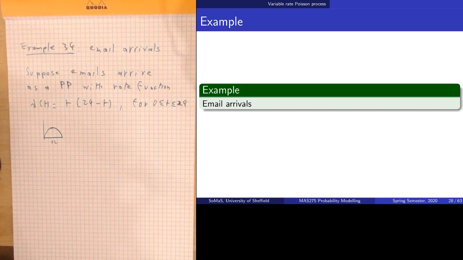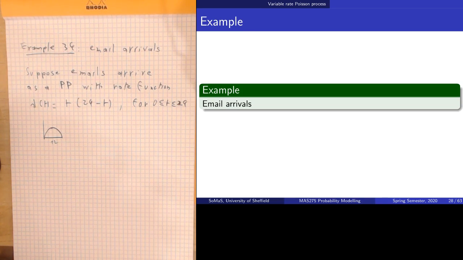So we're saying that you're more likely to receive emails around noon, and you'll probably receive almost no emails around midnight. So this would reflect human activity during the day. Obviously it's a made-up example, but something makes sense in here.